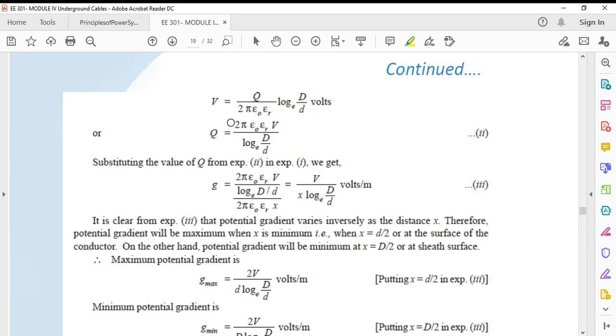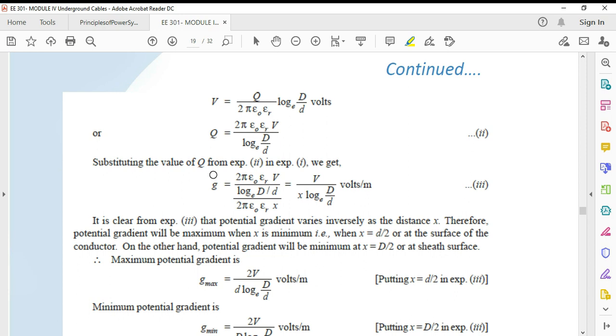So we have derived the equation for V as Q by 2 pi epsilon 0 epsilon r log D by d. And from this we can write Q as 2 pi epsilon 0 epsilon r V by log D by d.